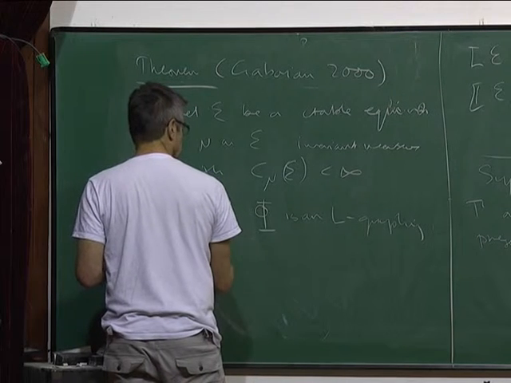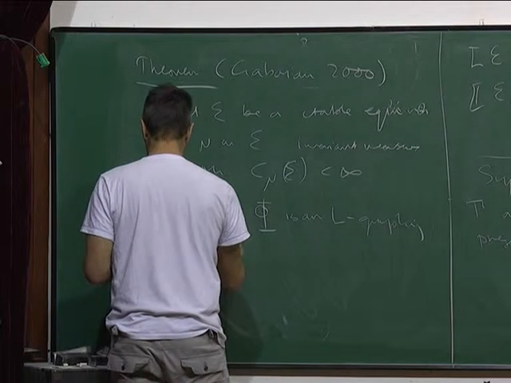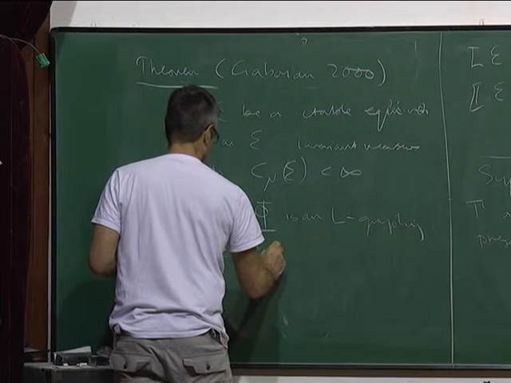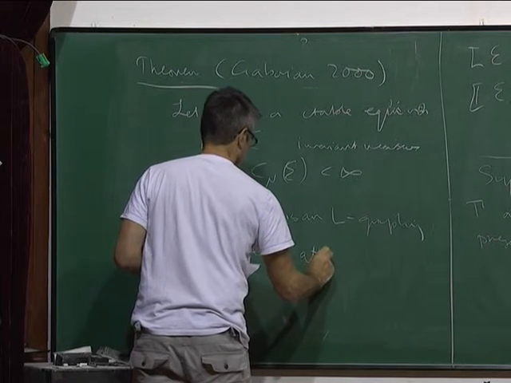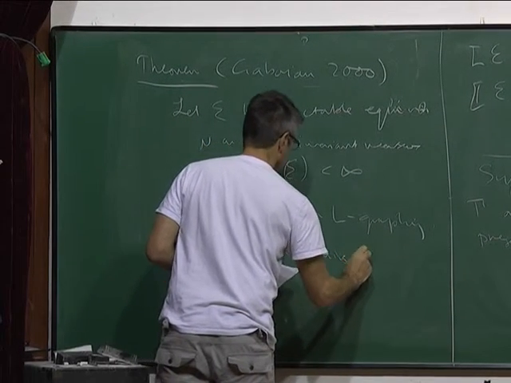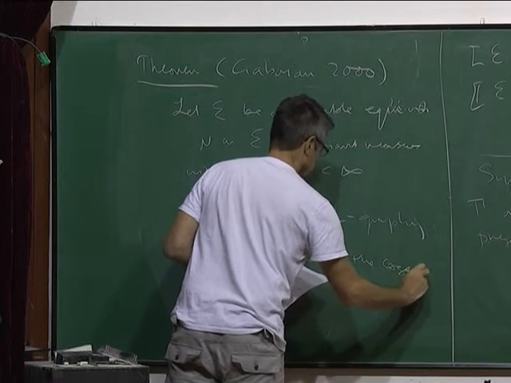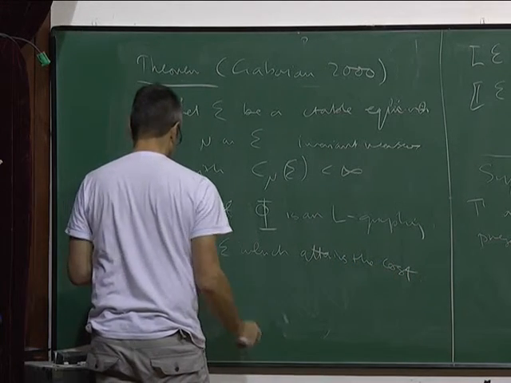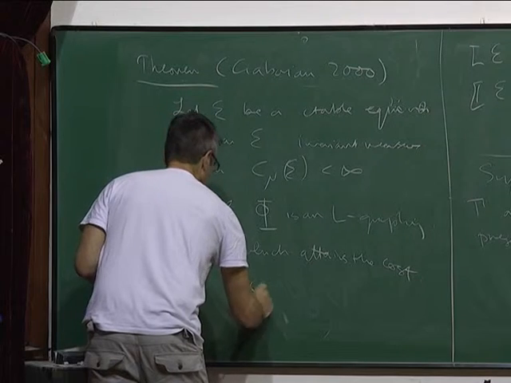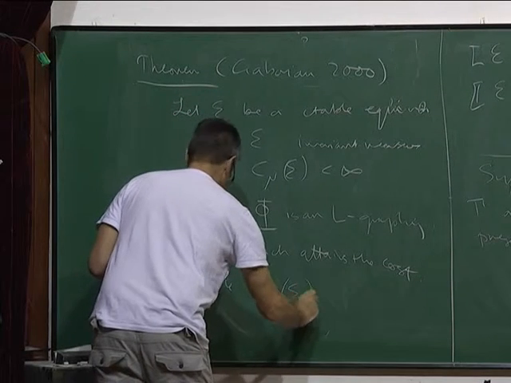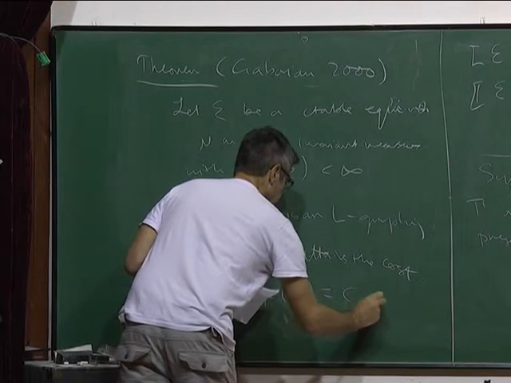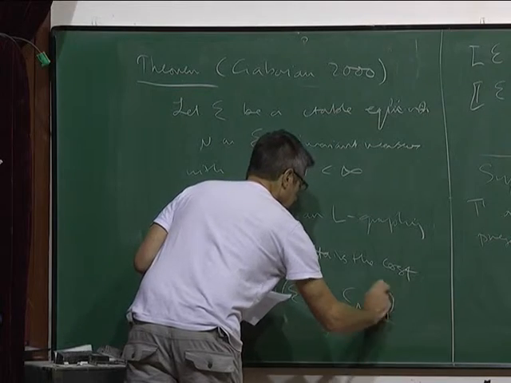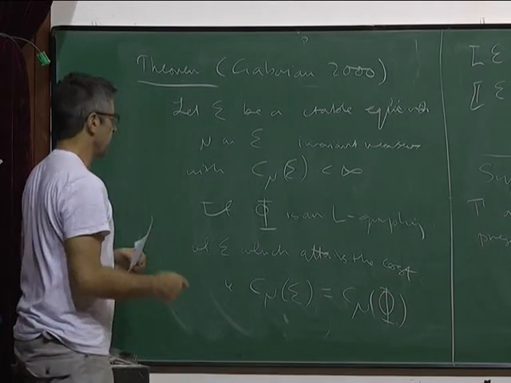So let's suppose that phi is an L graphing of E which attains the cost. That means that the cost of E, which is that inf thing, is the cost of phi.